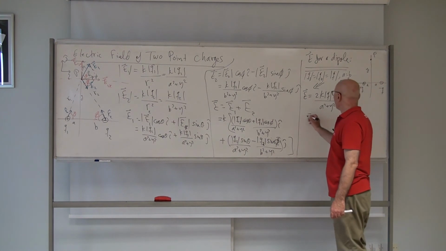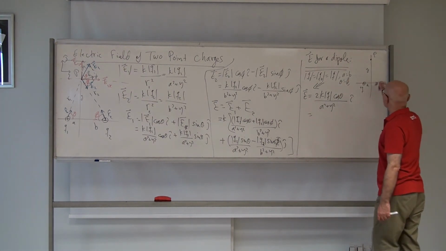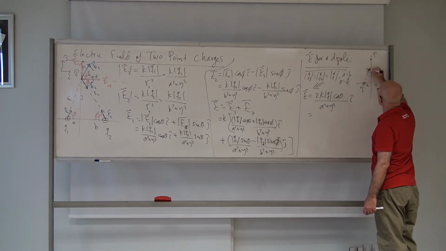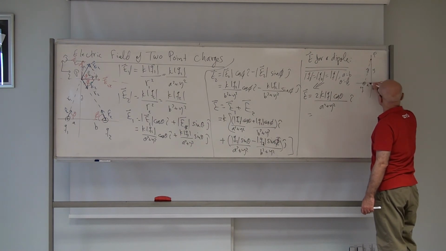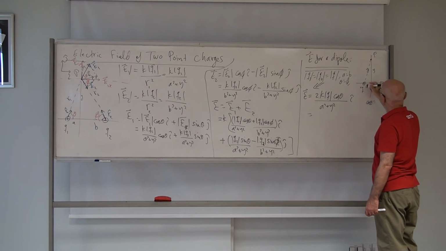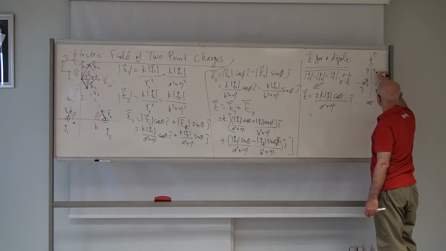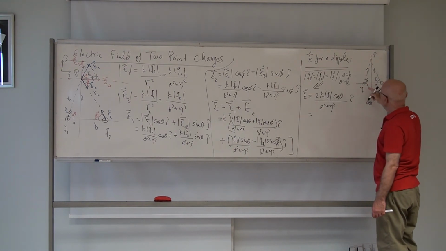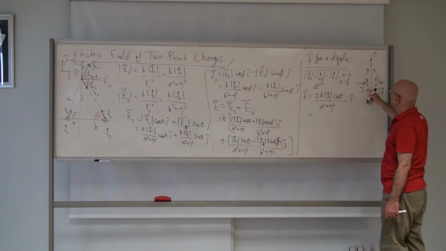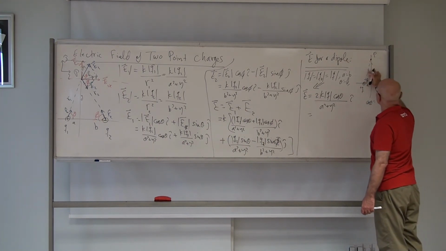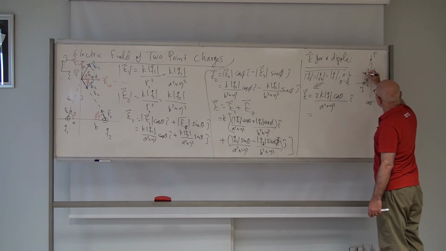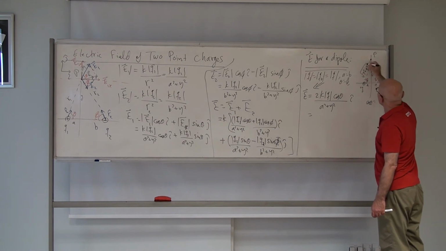You can do more by noting that in this case this is y, this is a. So cosine theta, and this is theta, which is also this in this case, is equal to a over, this is y, and this is y square plus a square to the power 1/2.